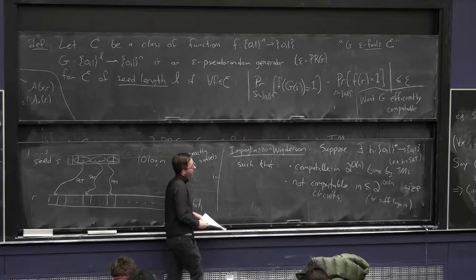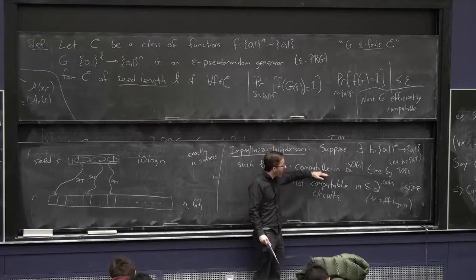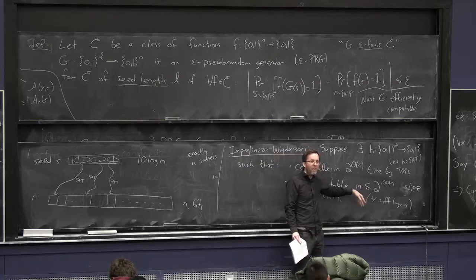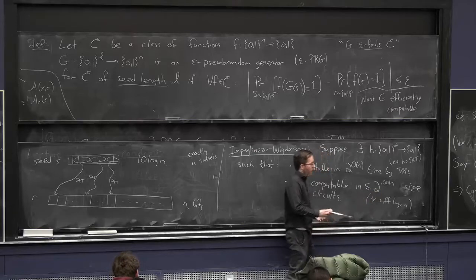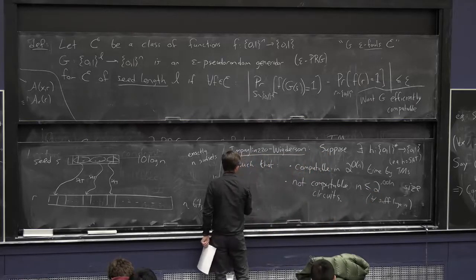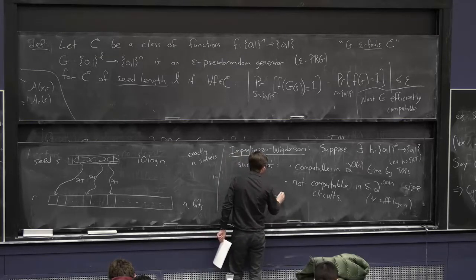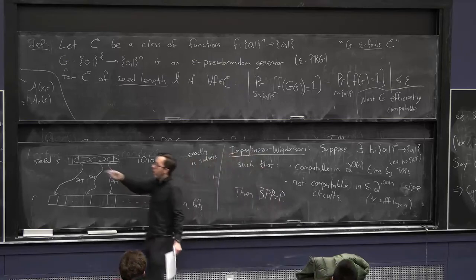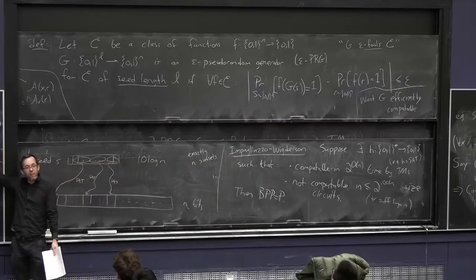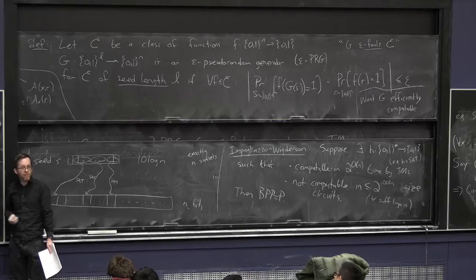In that case, if such a hard function exists, that you can compute in exponential time, but you really need exponential time even if you're a circuit, then such a pseudorandom generator G exists, and as a consequence, BPP equals P, which basically means every polynomial time randomized algorithm can be derandomized to a polynomial time deterministic algorithm.